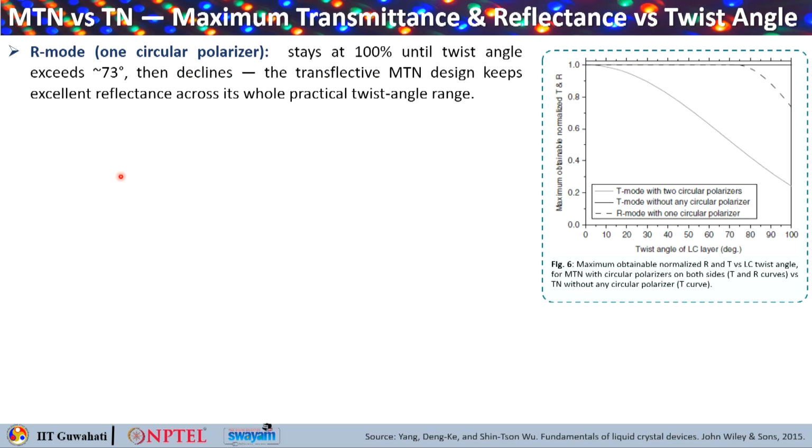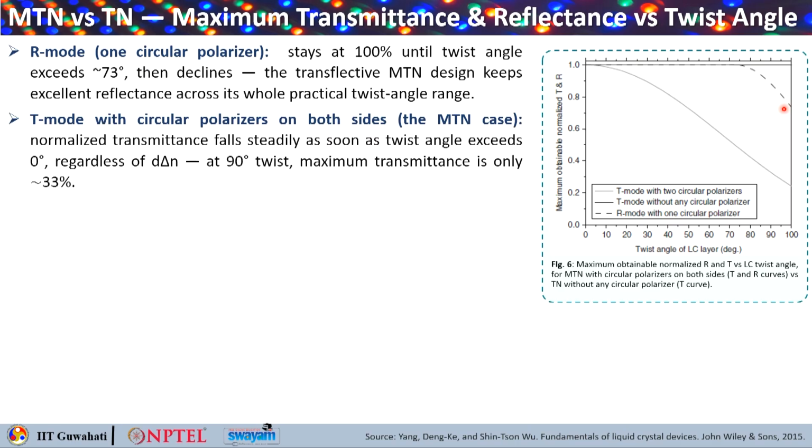Now if you compare this MTN with only TN, that is the mixed-mode twisted nematic with twisted nematic, you can see that for the reflection mode, for one circular polarizer, it stays at 100% until the twist angle exceeds something around 73 degrees, and then it declines. That means the transflective MTN design gives excellent reflectance across its whole practical twist angle range.